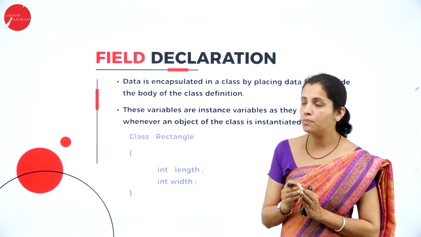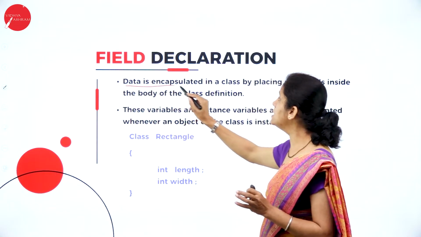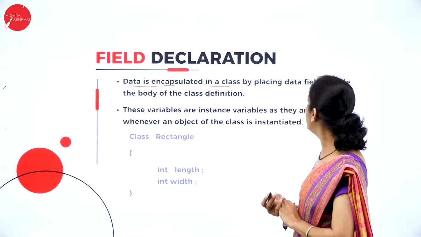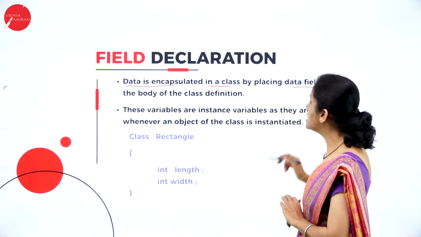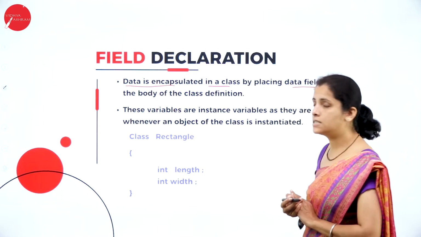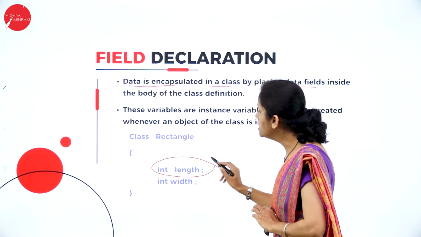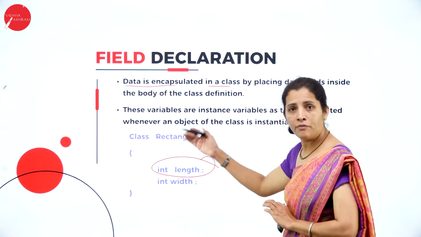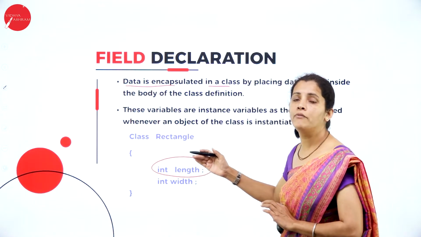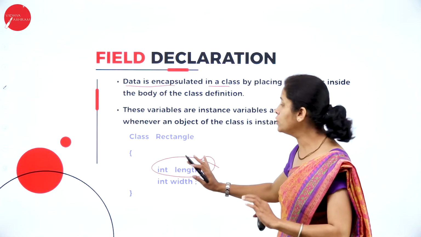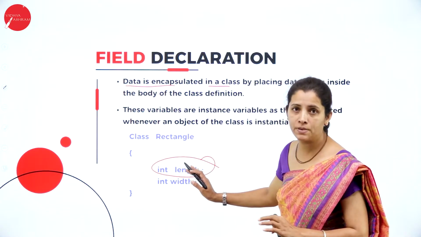variables in C program. Data is encapsulated in a class by placing data fields inside the body of the class definition. So dear student, here I am going to write the fields, that is data fields, and it is encapsulated. That means I am going to specify the access specifier.